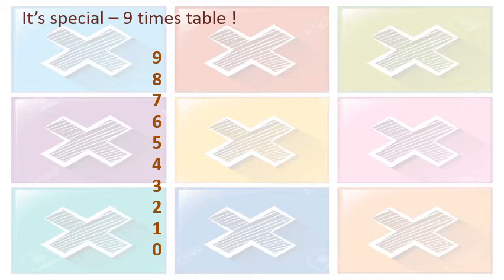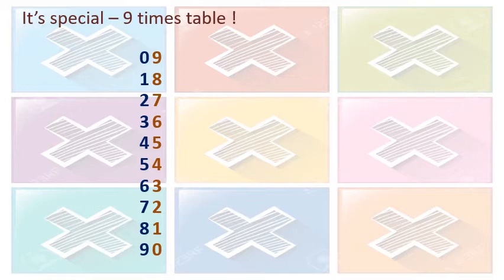Okay, this is over and to the left of this one we will start from 0 and we will write up to 9. Okay, here we will write 0. Now 1, 2, 3, 4, 5, 6, 7, 8, 9. Yes, our 9 times table is ready.